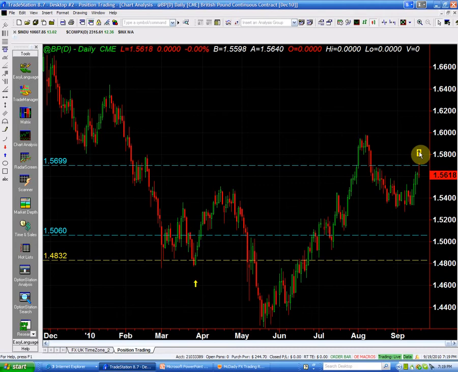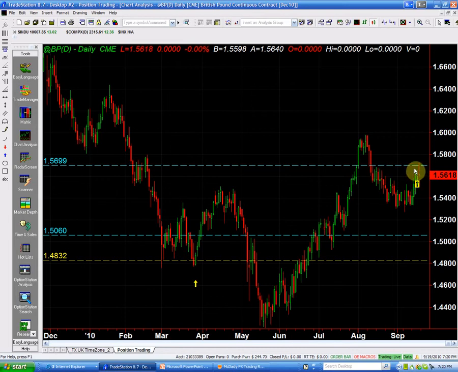Plus, if you look here on this, that is another sell signal. So you have now two sell signals. One is a failure trade, two is a sell signal that we have trading below the prior days.